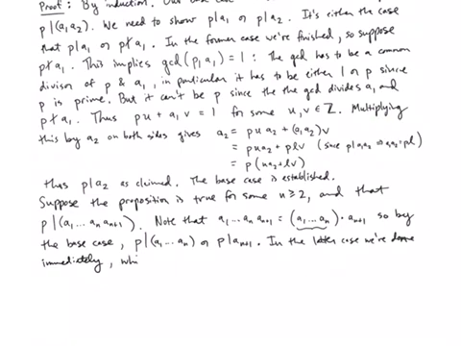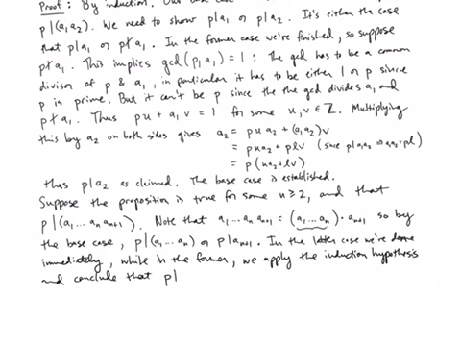While in the former, we apply the induction hypothesis and conclude that P divides AI for some I, such that I in this case would be between 1 and n.